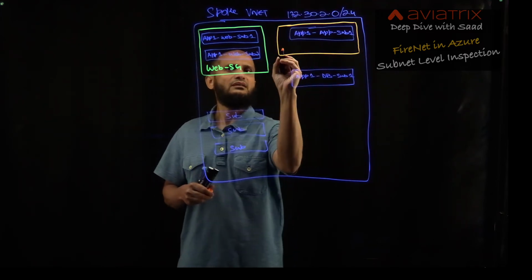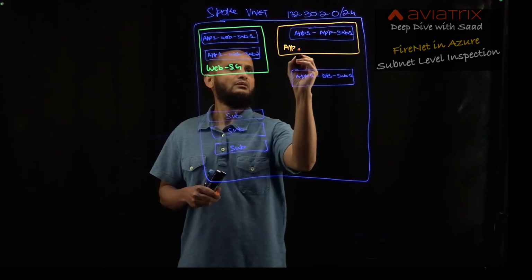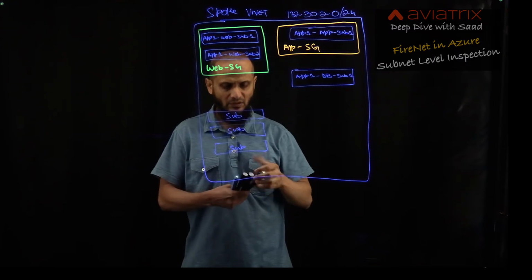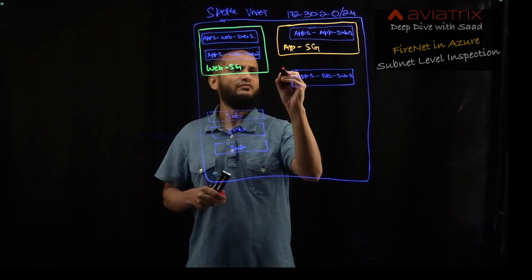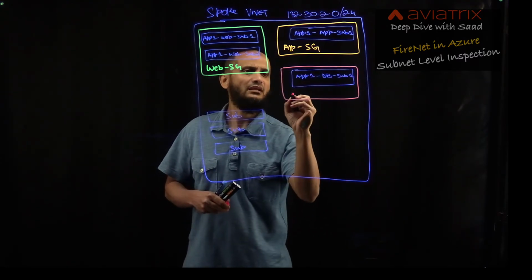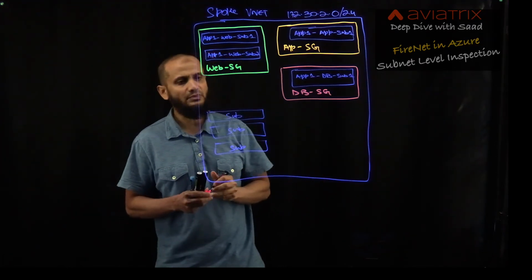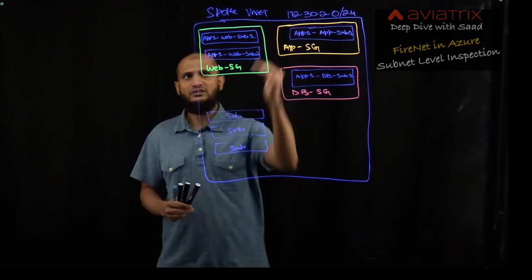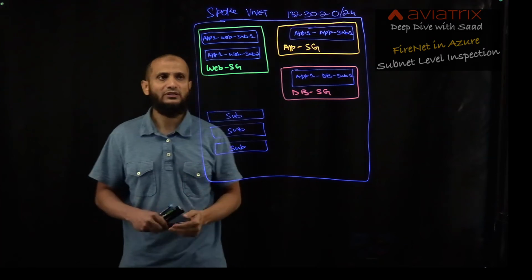And we can say this is an application subnet group, while our DB is part of a different subnet group, and we can say it's a DB SG or subnet group. All the other subnets, which are not part of this 3-tier application, are not part of any subnet group at this point.